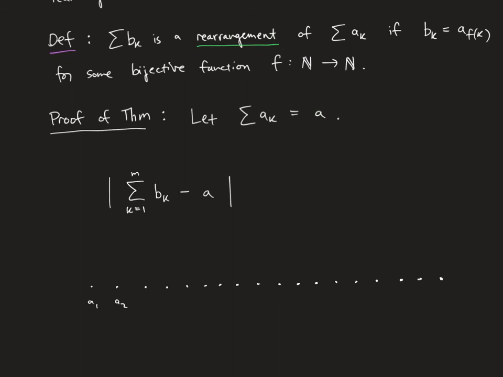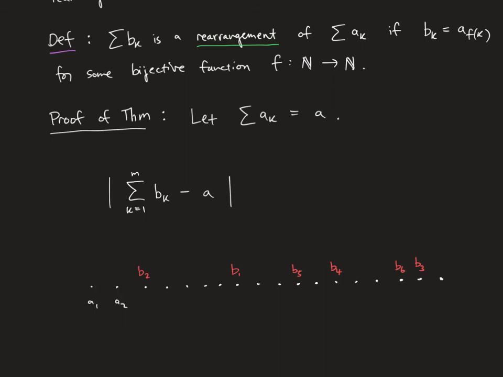And our b's, the rearrangement: you might have b_1 here, then b_2, b_3, b_4, b_5, b_6, whatever, and you want to take enough of these b's so that you're sufficiently close to A. And A is what you get when you sum up an infinite number of these a's, so to speak.